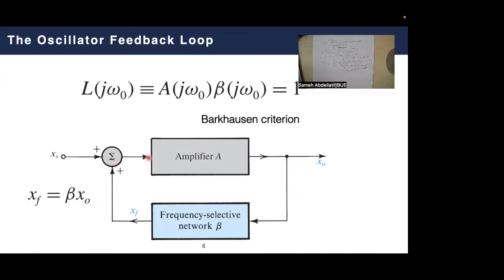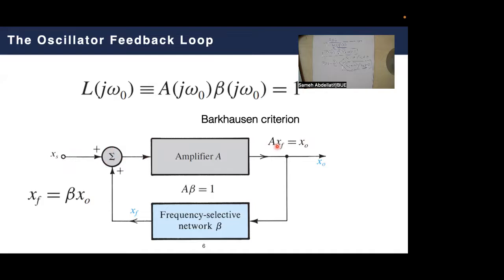Alternatively, if you consider that this is XF, the output signal here, X output, equals A times XF, sorry. The XF is inputted here as far as the input is 0, so you have only XF. This XF is inputted here, so the output equals A times XF. By substituting these two equations together, you get the same condition: A times beta should be equal to 1, and this gives the oscillating condition.